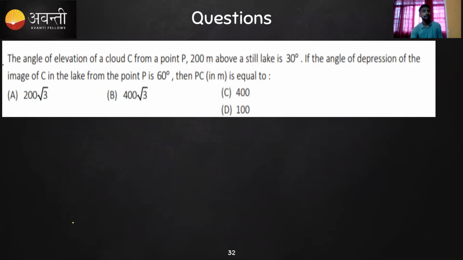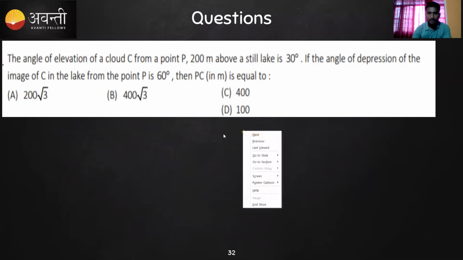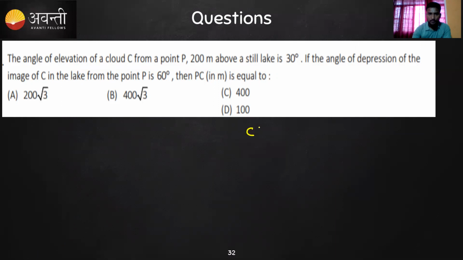So here you can see the angle of elevation of a cloud C from a point P. Suppose there is a cloud, so suppose this is point C. So it is basically the cloud, right? This is the cloud. Okay, and it is 20 meter above the still lake.